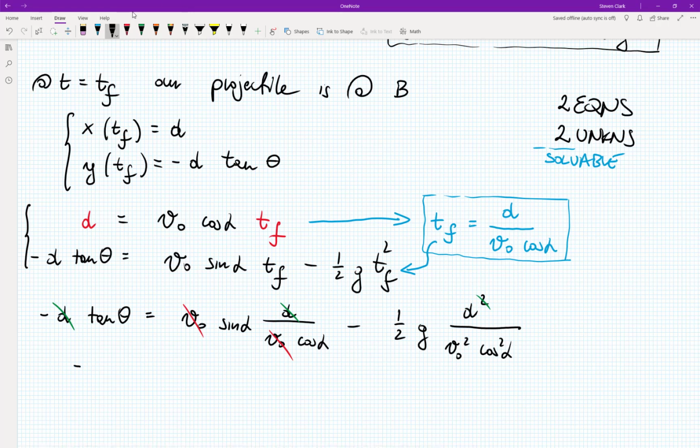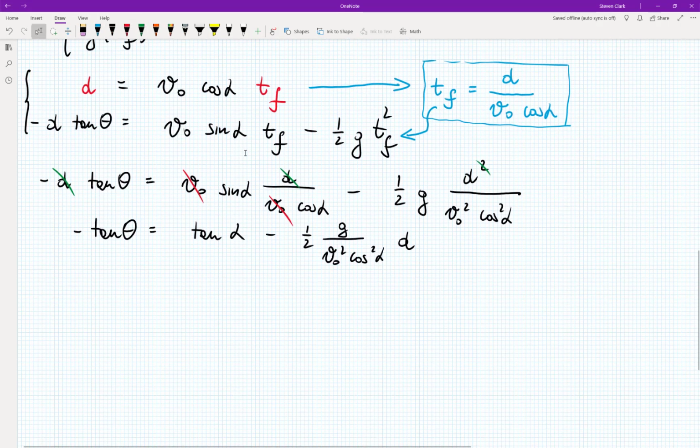So we will have minus tan theta is equal to tan alpha minus 1/2 g v0 squared cosine squared alpha times d. Okay, and they ask us for d, so let's solve it.